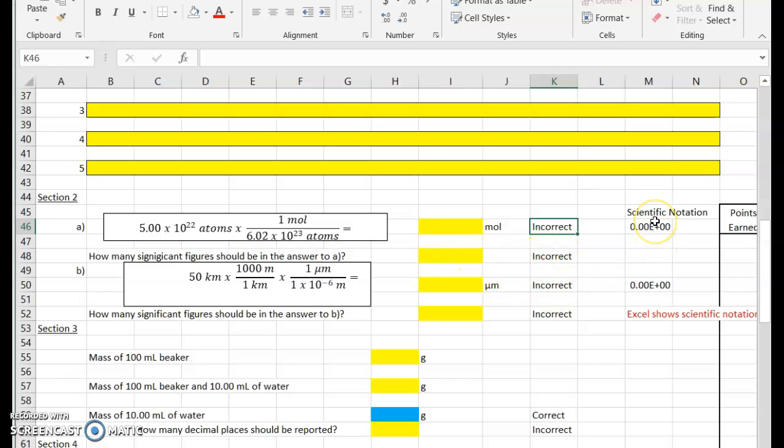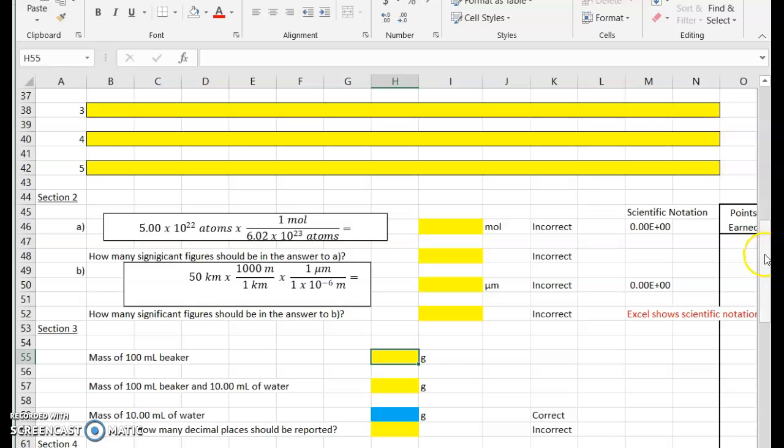Your values will also be recorded for you in scientific notation once you have entered those values. You're asked to include the significant figures, and you do want to make sure that you're adding a numerical value, 1, 2, 3, 4 in this box. And again, you can check to see if your answer is identified as correct or not.